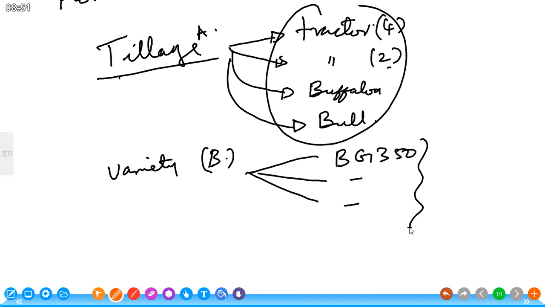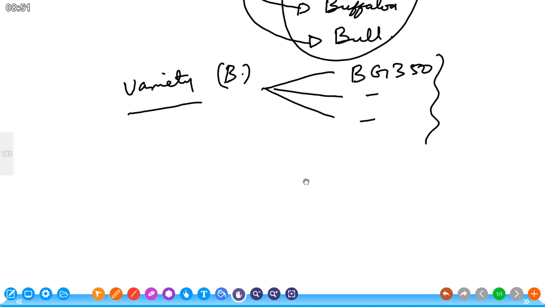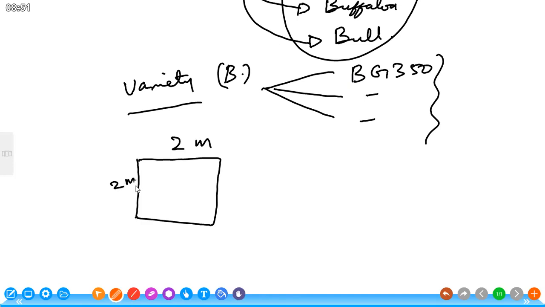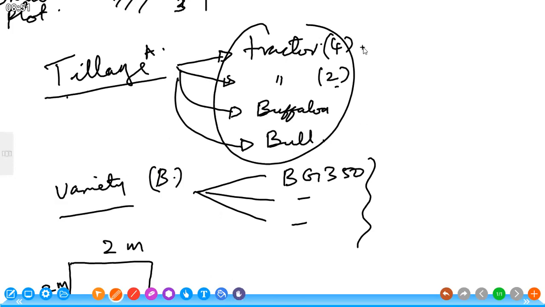Now, tell me, can we have a combination? This is 2 meter. This is 2 meter. Can we have a combination of, let's say, I say A1, A2, A3, A4.